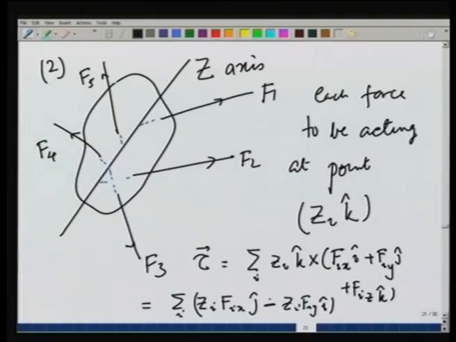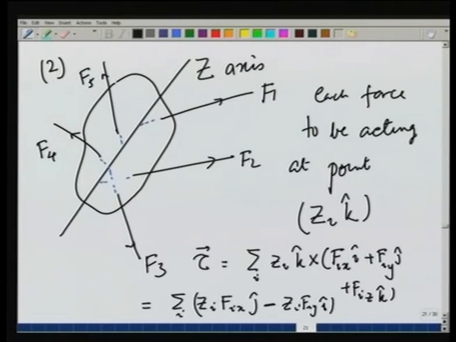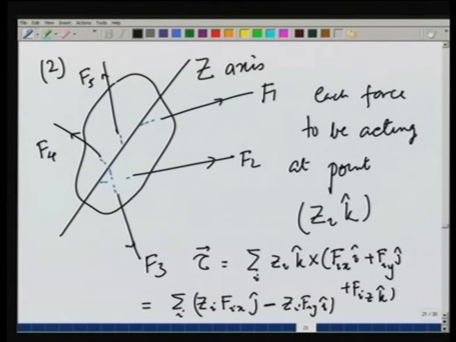So, you see the only components of torque that such forces, all intersecting one particular line which we take to be the z axis, give are in the x and y directions only, and therefore, we need not worry about the condition that summation tau z is 0.